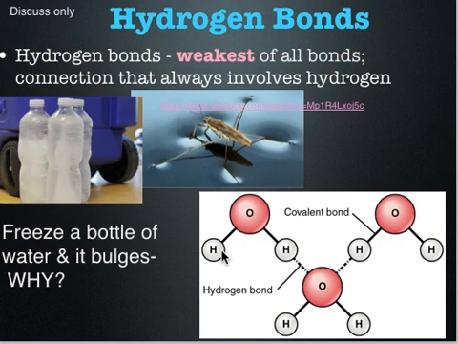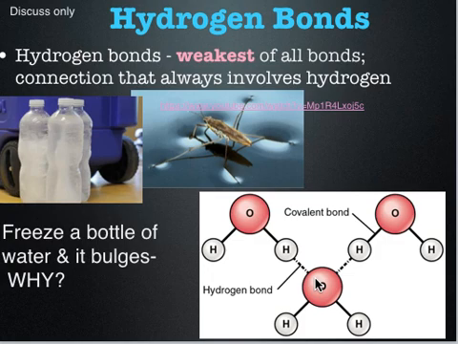The covalent bond is between the hydrogen and the oxygen. The hydrogen bond bonds one water molecule to another water molecule. So this hydrogen bond connects this hydrogen to this oxygen, and it holds one water molecule to another.